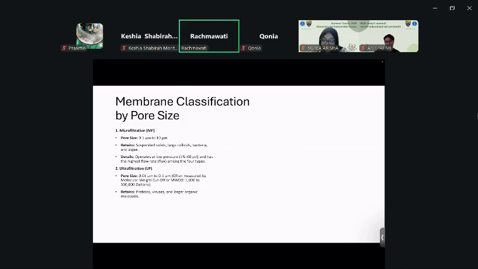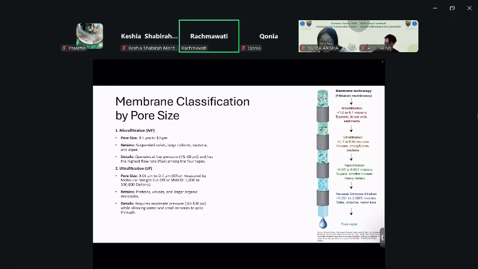It can retain proteins, viruses, and larger organic molecules, but it requires moderate pressure while allowing water and small minerals to pass through. So this is the schematic representation for the filtration membranes.